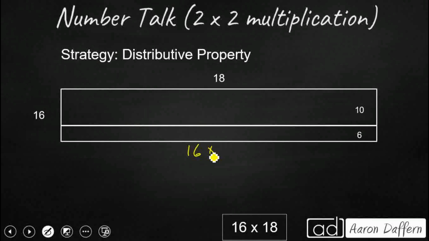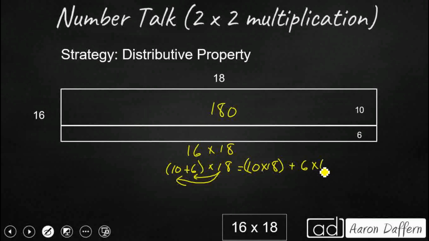And then finally, I bet you saw this coming. We could have taken our 16 and we could have used the distributive property to break it apart using place value. And so instead of 8 and 8, let's do 10 plus 6. And let's multiply those both by 18 and add up those partial products. So 10 times 18. So that's going to get me 180. So that's pretty easy. Then I've got my 6 times my 18.